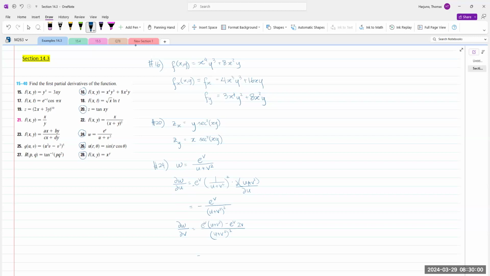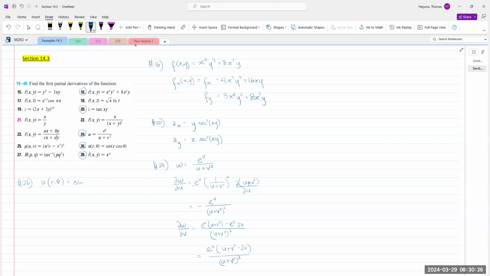I think that's simple enough, huh? So e to the v times u plus v squared minus 2v, over u plus v squared, squared. That's for number 24.